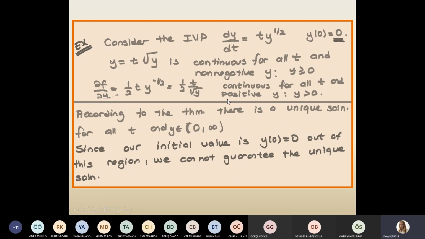As long as your y is in this region, you can guarantee the unique solution for this initial value problem. And out of this region, no, you cannot say anything. Maybe yes, maybe no. Okay? Do you understand here? Any question? No question? Okay.